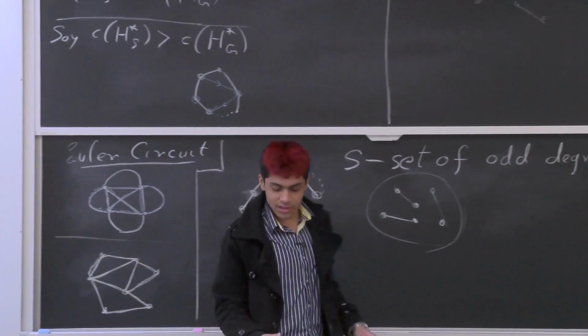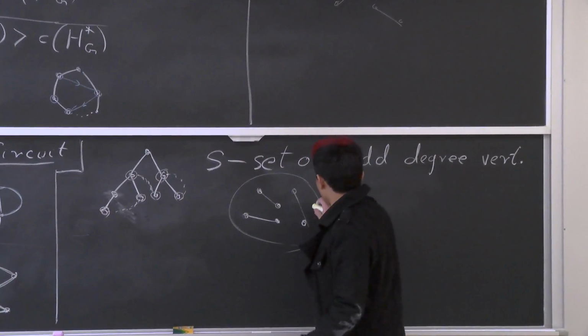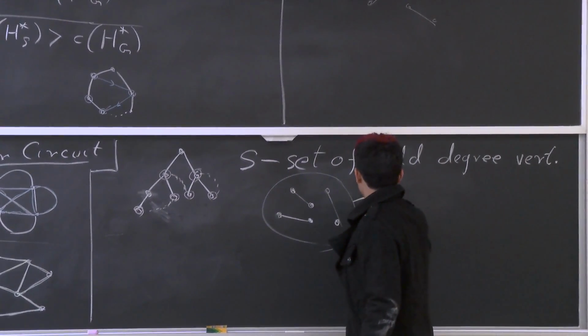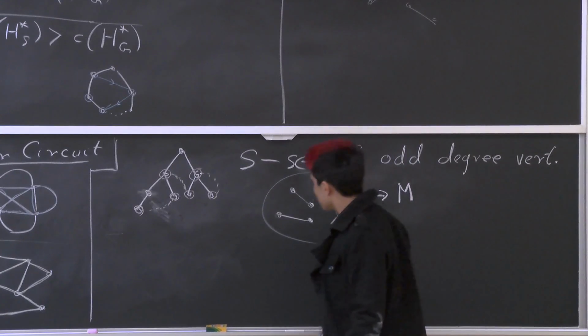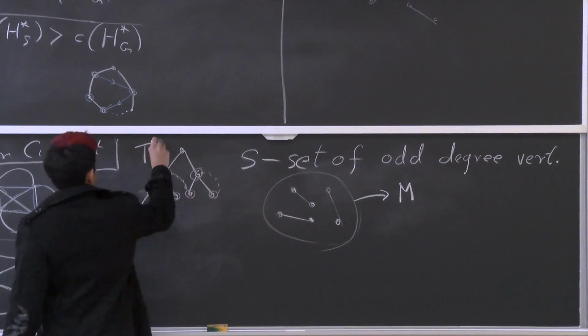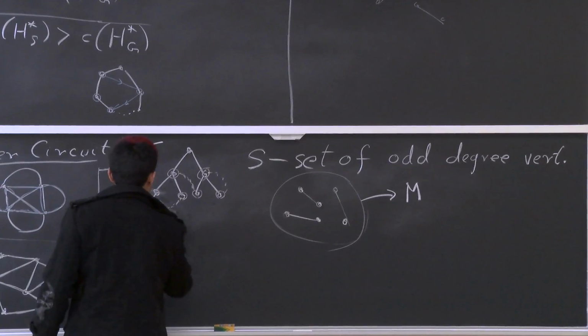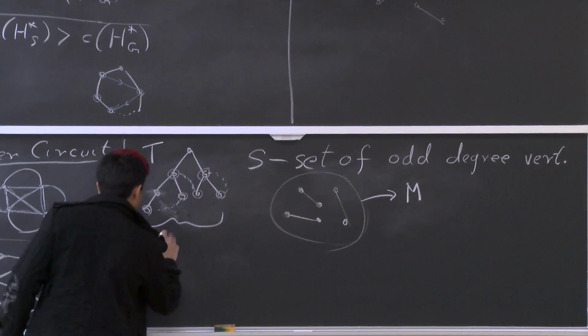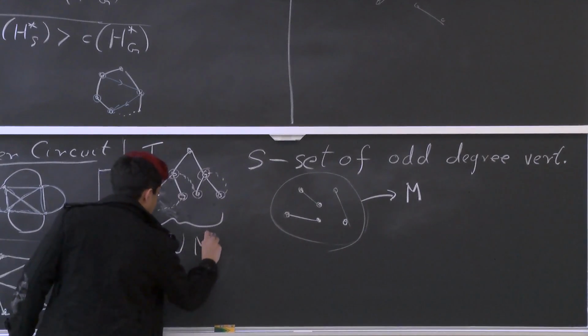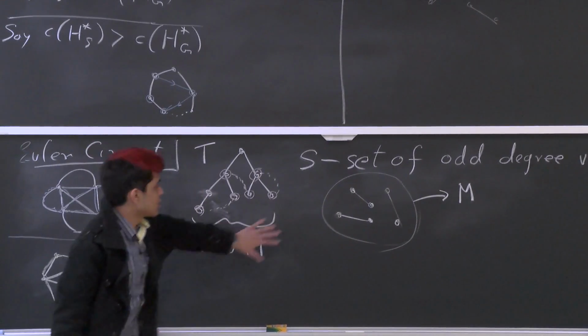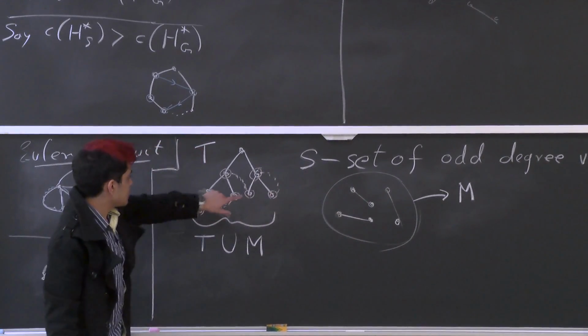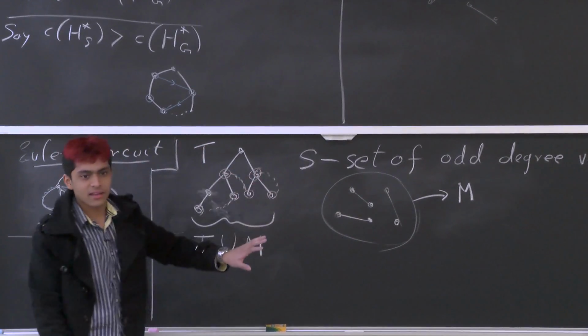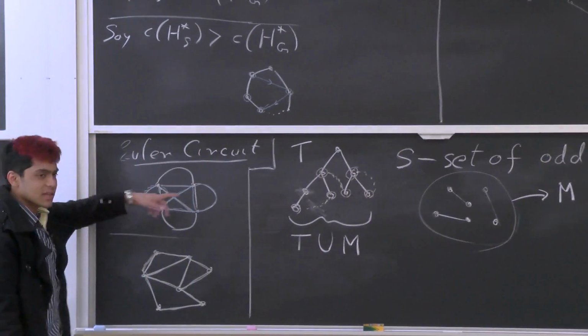So now you can do your circuit. Also, let's call this matching M. So this is a set of edges, M. Let's call the original tree T, and the new thing that is formed is T union M. So you're taking all the edges from T, and you're adding all the edges from M. So realize that you can have multiple edges, but that's fine, because Euler circuits allow you to have multiple edges.